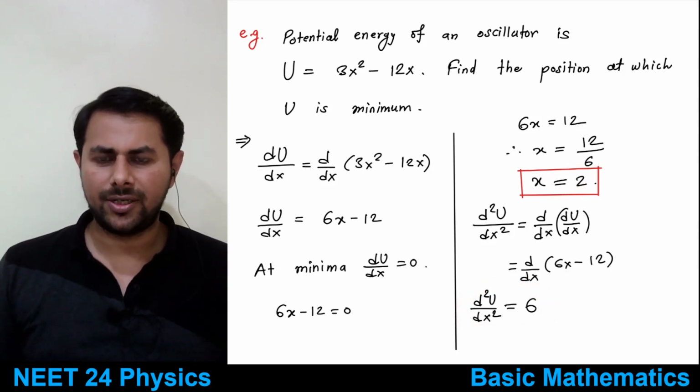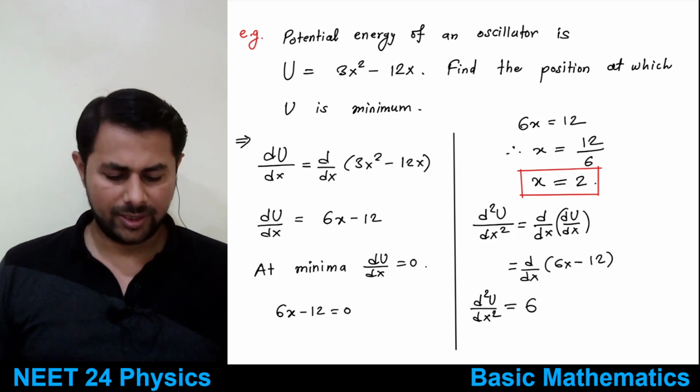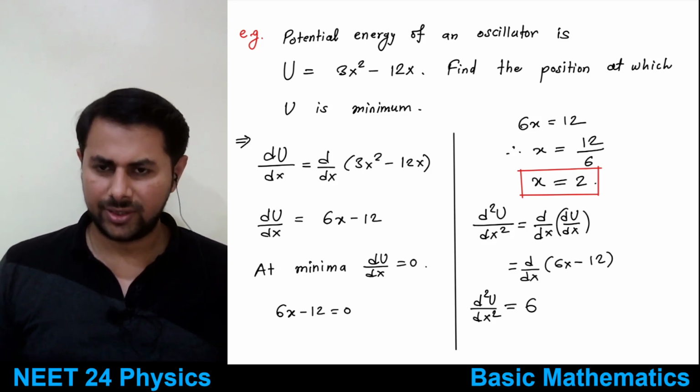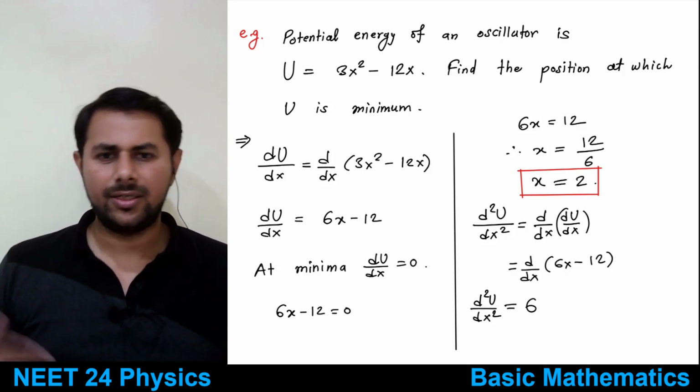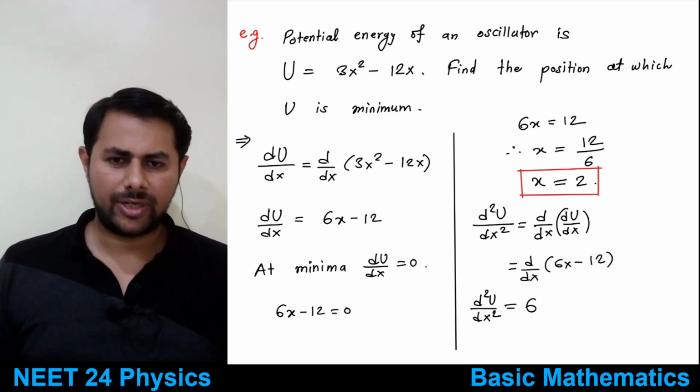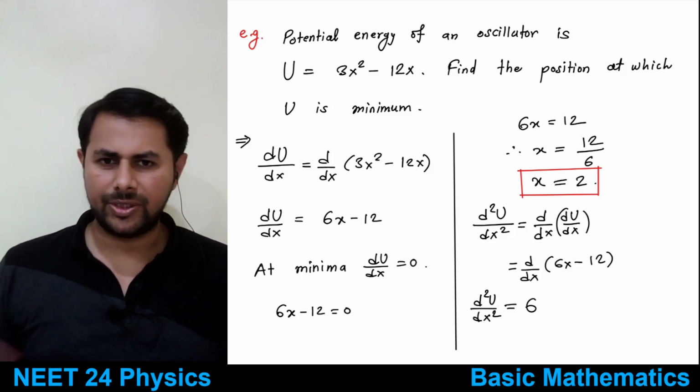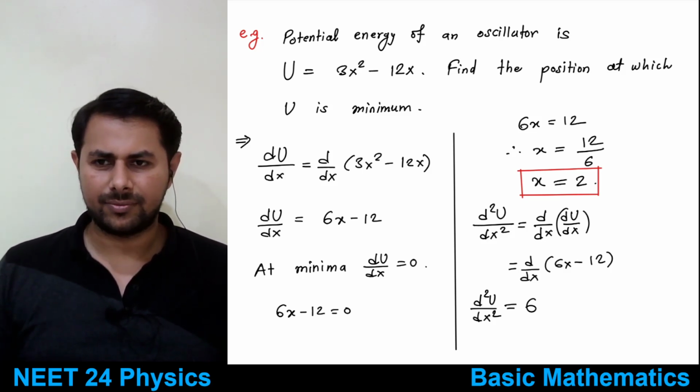Then there is no need to check, right? If there are 2 points, then you need to check at which point the double derivative is positive, at which point it is negative.